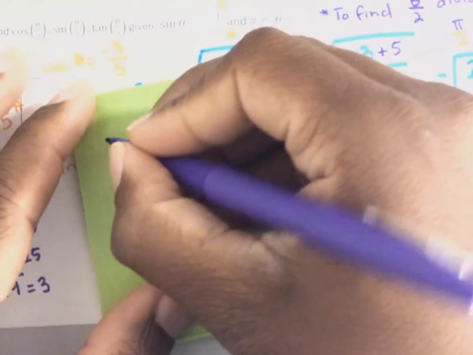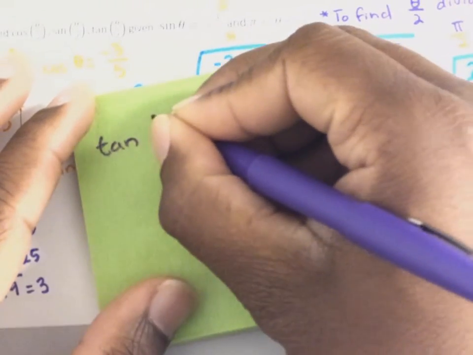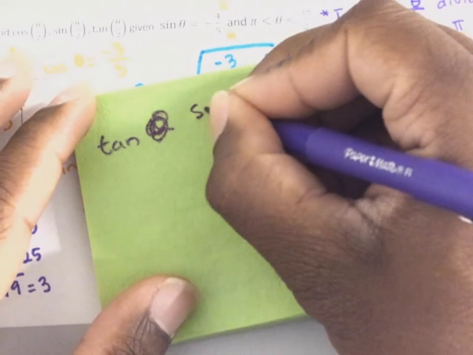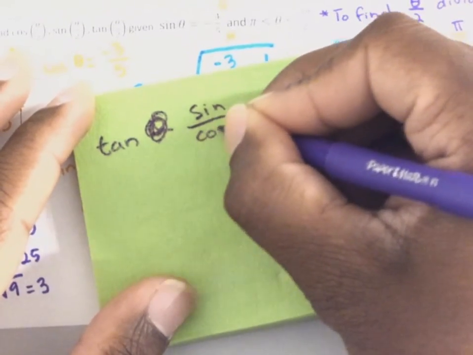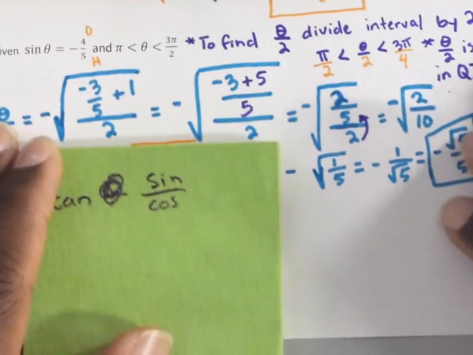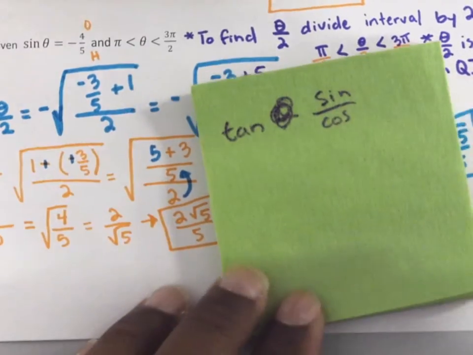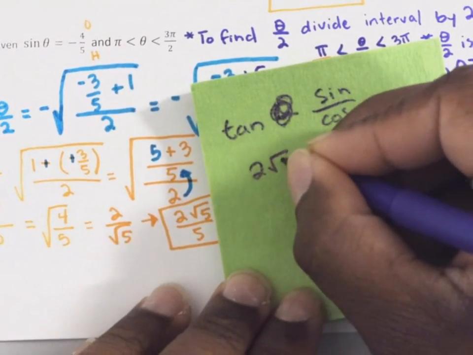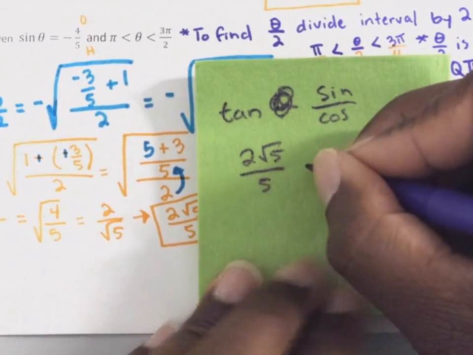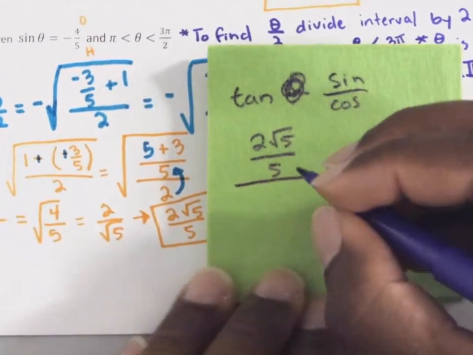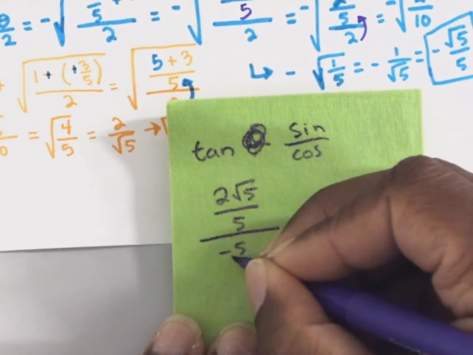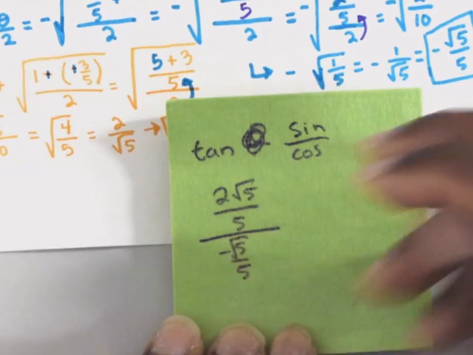But if you do all three in this case, you could use the formula. So I know tangent is sine over cosine. And we already know these values. So sine was the one we just found, right? Yes. Divided by cosine, which was negative root 5 over 5.